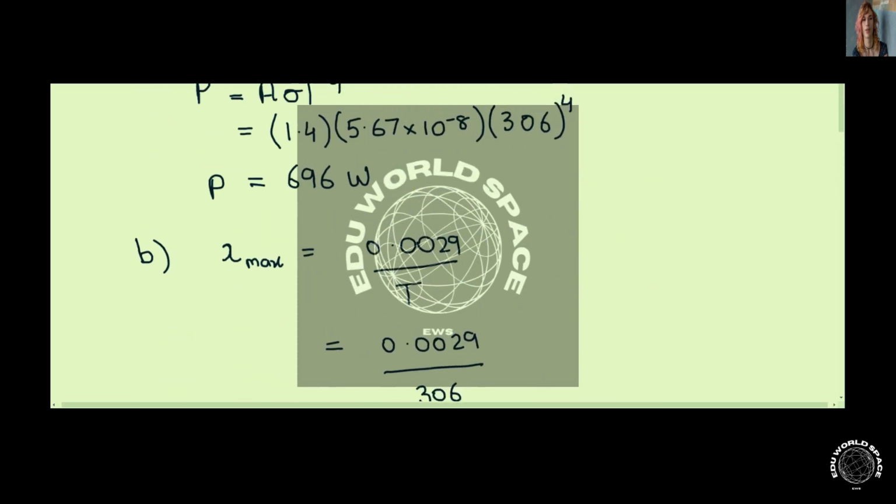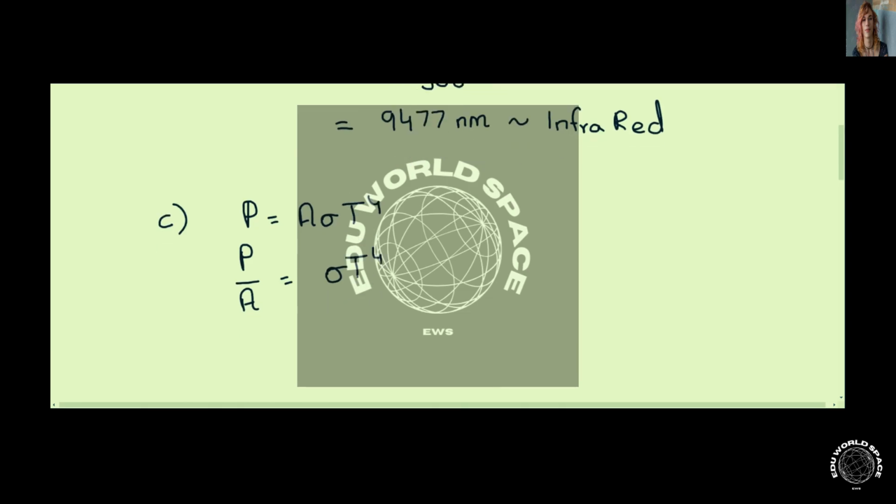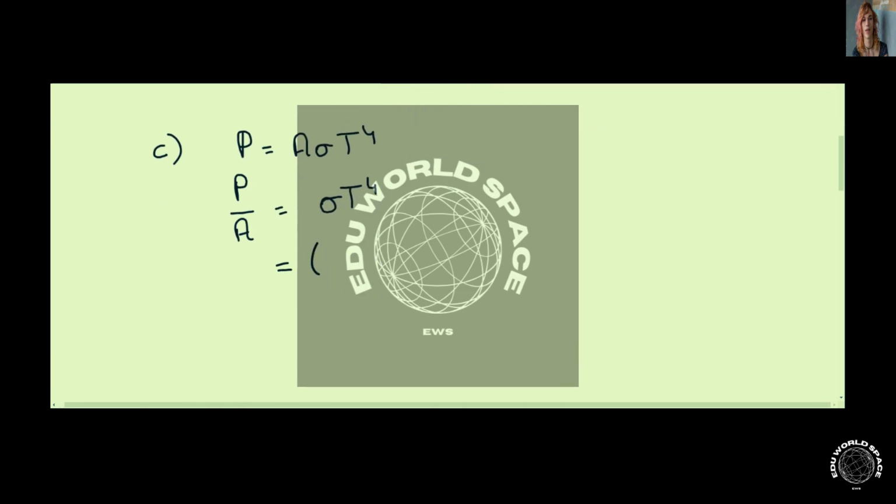Now the temperature of the average surrounding is given to be 293 Kelvin. So we're going to substitute the Stefan-Boltzmann constant and the temperature, 293 Kelvin, into the formula, and we're going to evaluate it with our calculator.